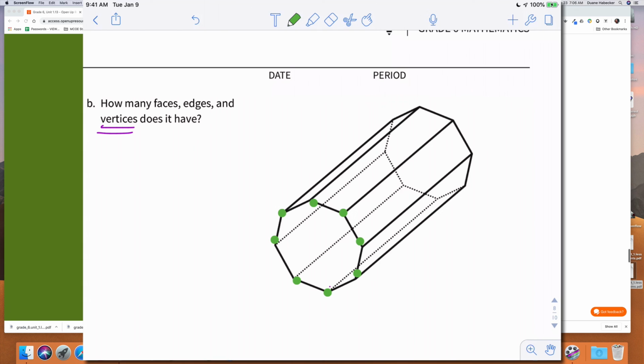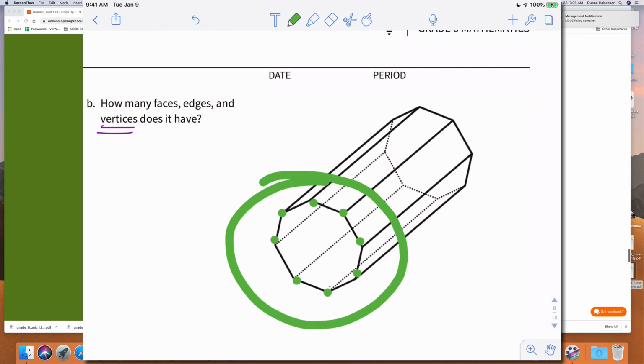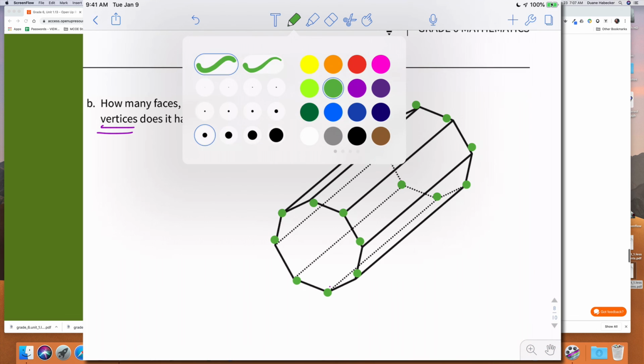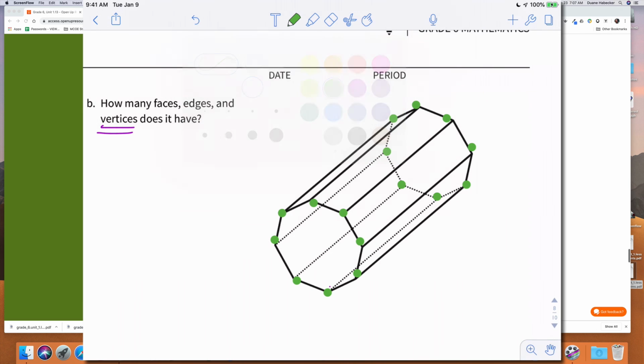Like a soda can, but kind of funky because it's not curved. So it's 1, 2, 3, 4, 5, 6, 7, 8. So down here we had 8 vertices. So down here we're going to have 8 as well. 1, 2, 3, 4, 5, 6, 7, 8. So altogether, how many vertices do we have? It looks like we have 16 vertices.